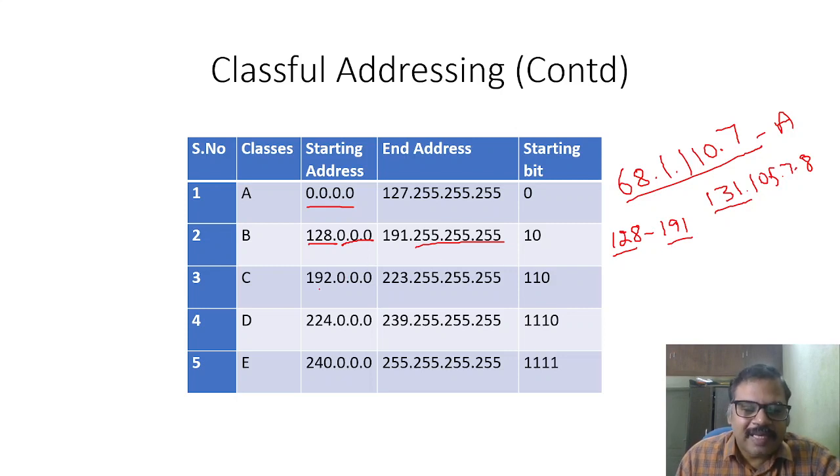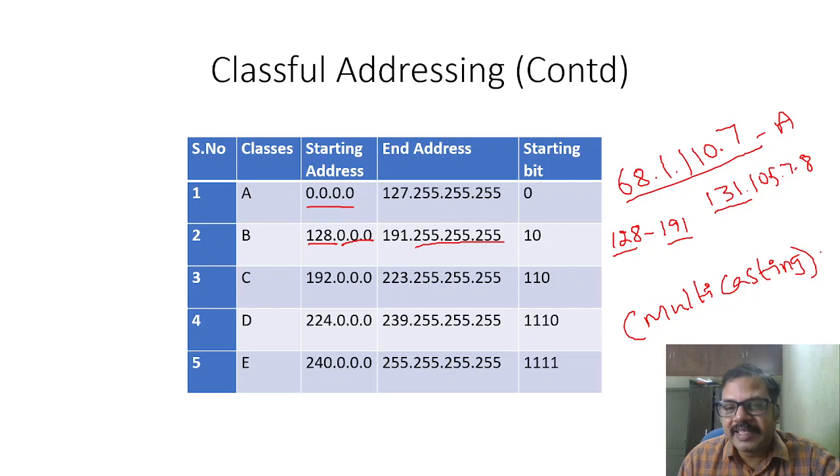Similarly for class C, the starting address is 192.0.0.0 to 223.255.255.255. So this is a class C address. Class D is only used for multicasting purposes. It is not generally used for any other purpose.